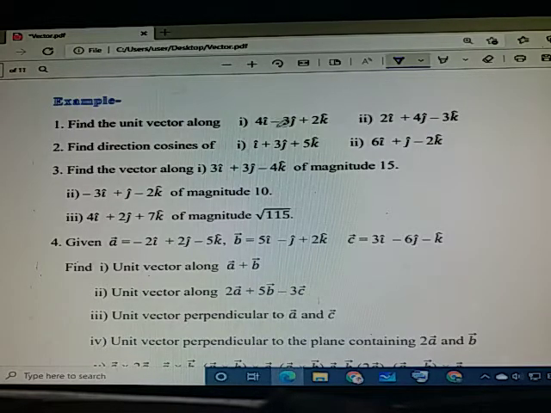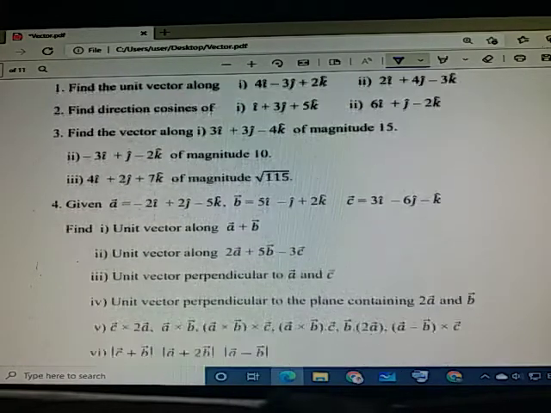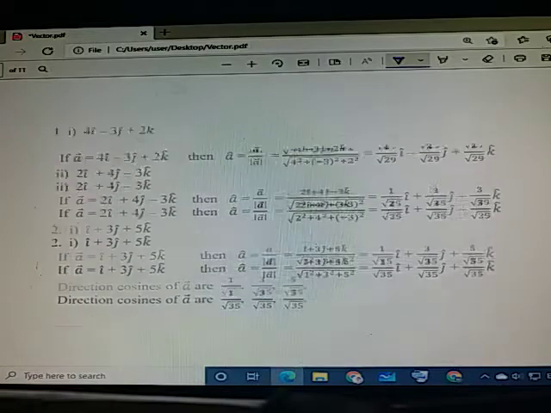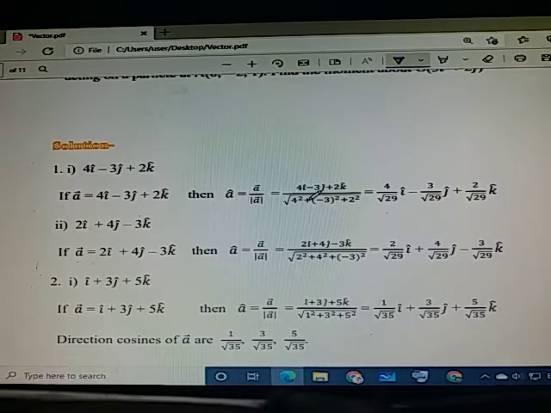Then divide by this. Then the direction cosines, which we have worked out here. Number 1. These are the solutions. This is the vector, and the unit vector is obtained by dividing by the modulus. If you find the modulus of this, you will have 1.